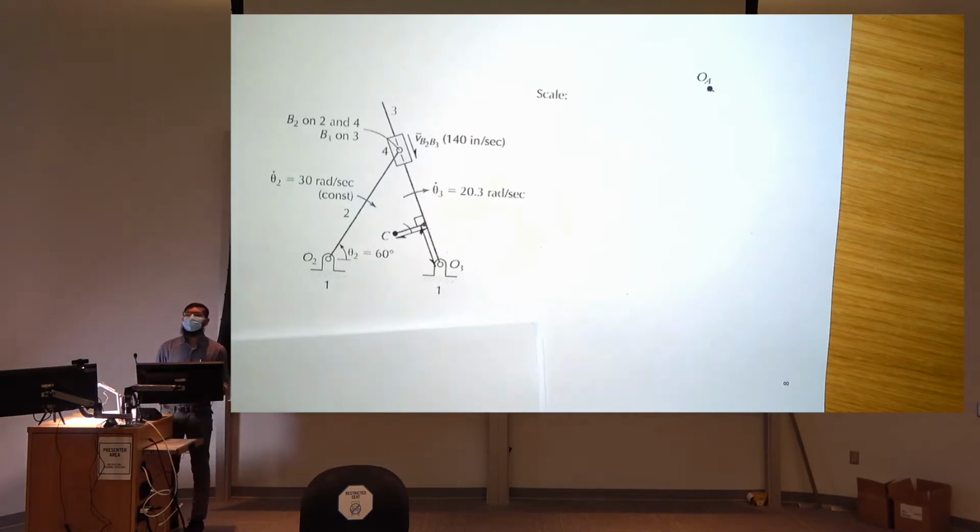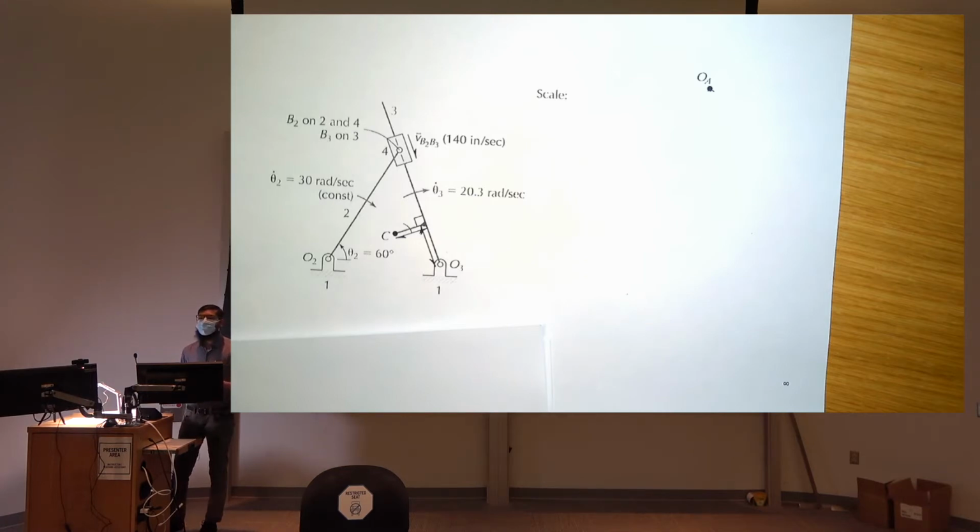I will not be solving the velocity polygon for you, because it will take another more than 1.5 hours. I have the velocity polygon with me, so I will use those directly, and I'll give you the values when we use them in the acceleration polygon. But when you try this problem yourself, you first have to draw the velocity polygon, and then you can go on with this problem.